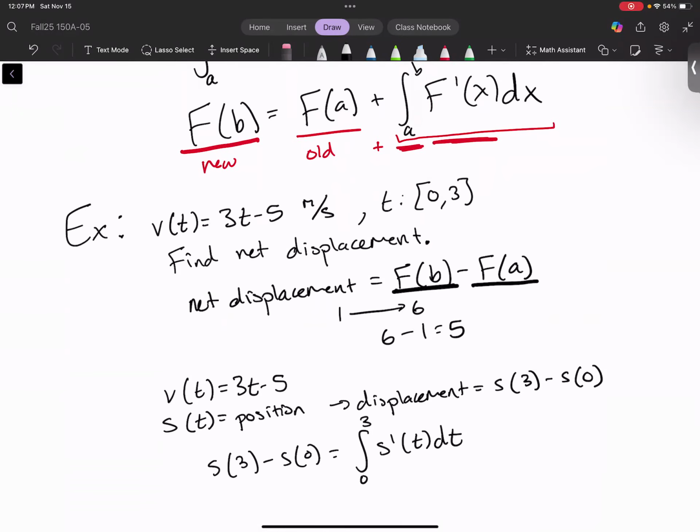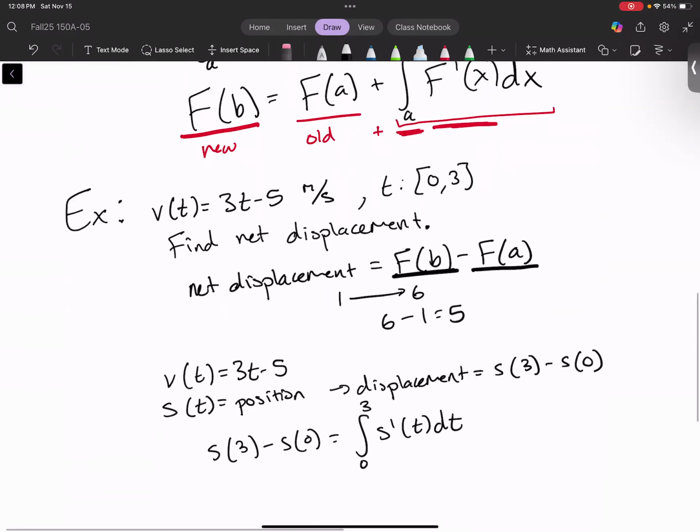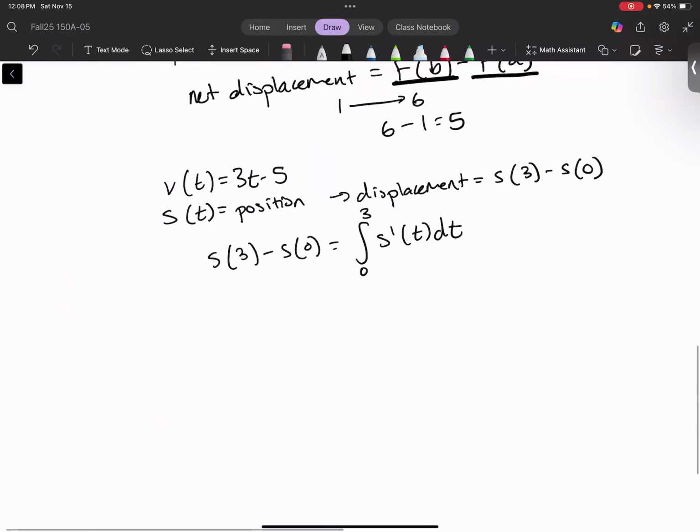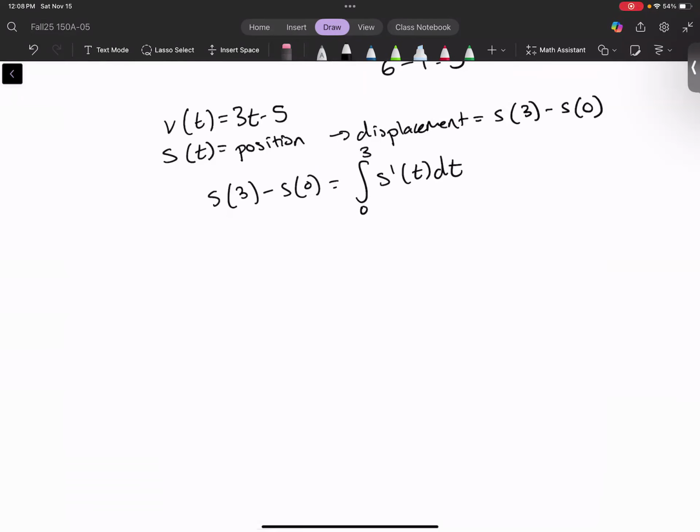I've got F on the outside and F prime on the inside of the integral. Here everything's the same, just with s, and my bounds are 0 and 3. Now, what's s prime? S prime is my velocity, so this is simply 3t minus 5. So s prime is velocity, v prime is acceleration.